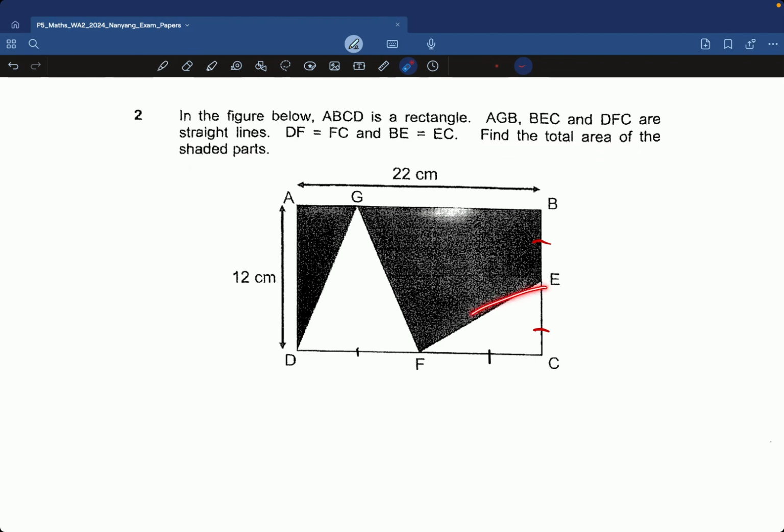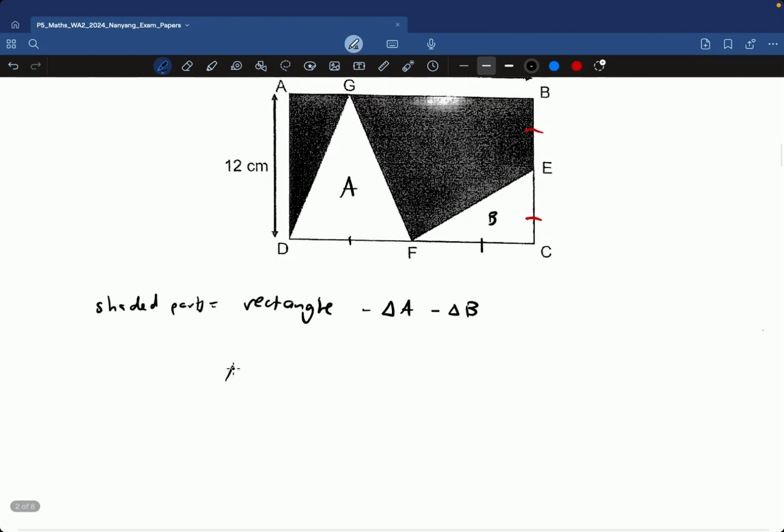We need to get the area of the rectangle minus triangle A and triangle B, and that gives the shaded part. Triangle A is basically triangle GDF.